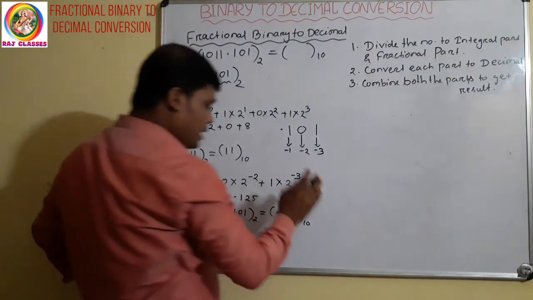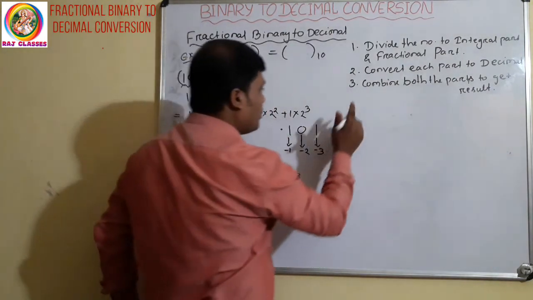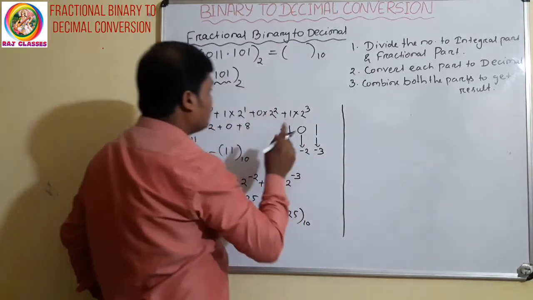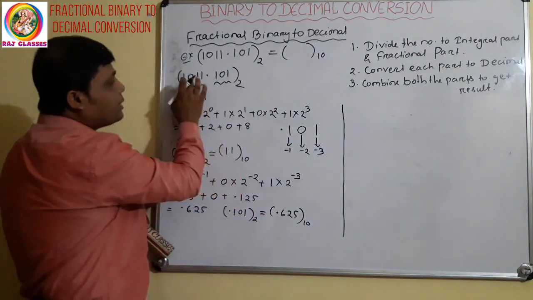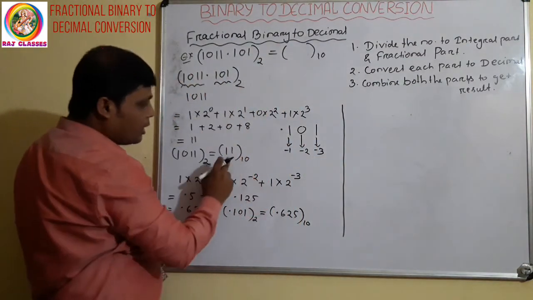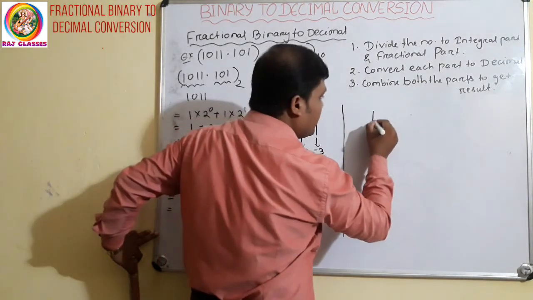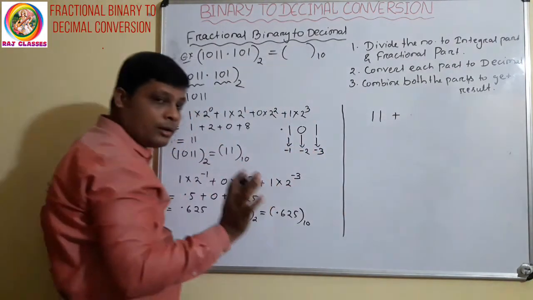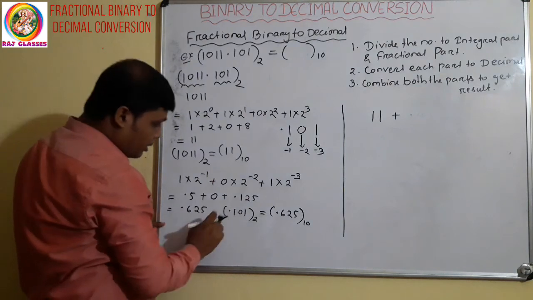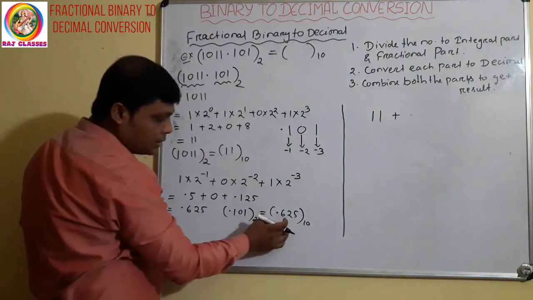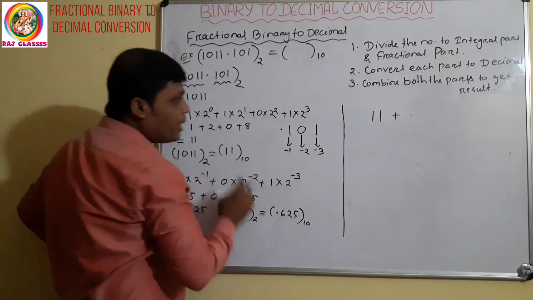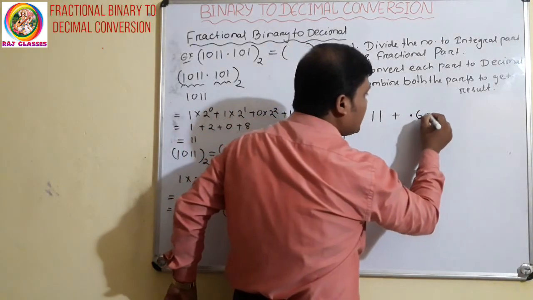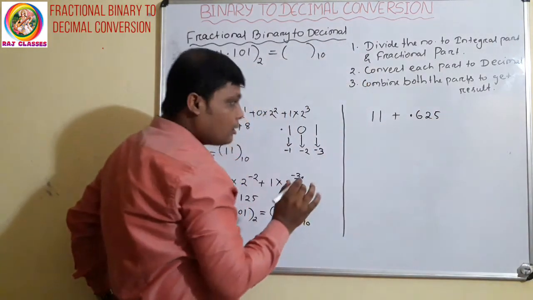Third point, combine both the parts to get the result. For the integer part, you see the result is 11. For the fractional part .101, the result is 0.625. Clear?